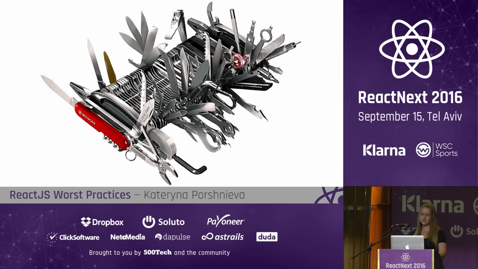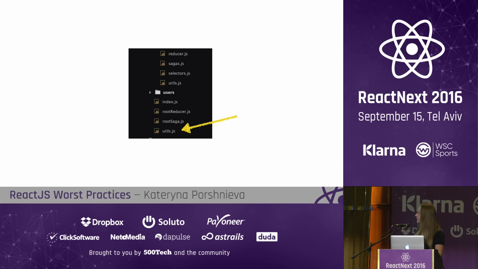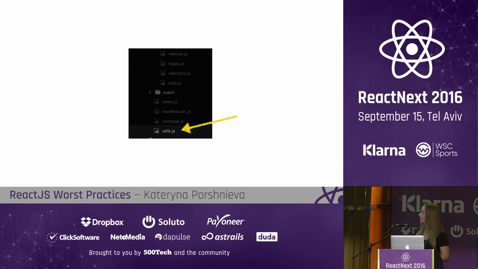It really starts like a small utils file in your source code, and you simply start with text utils, and you put different methods to work with text in that file. But then you need to add another method, and you just think where to put that. I'd like to put it in utils.